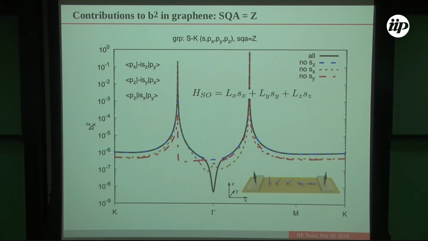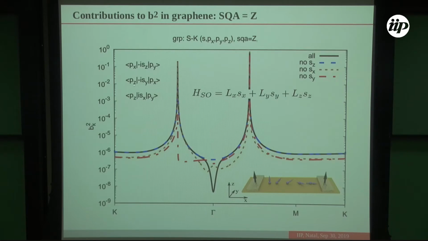Here the black line gives us this 10 to minus 7, let's say. Here we are focusing only close to the K point, because there is the Fermi level. So if we have all contributions, we have the solid black lines. If we switch off SZ, the one that couples px and py orbitals, no difference, no changes.